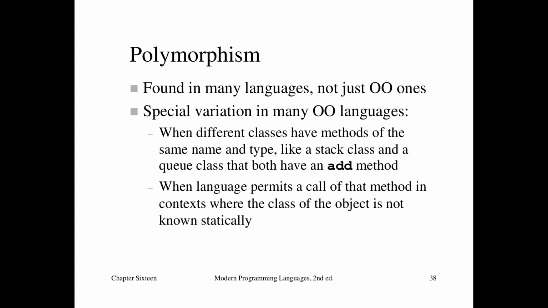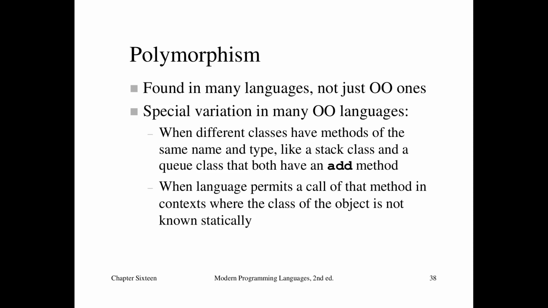First off, when different classes have methods of the same name and type, so when we have classes in the same inheritance hierarchy, they tend to have the same method. And so we know that if we have a variable of an abstract type in that inheritance hierarchy, anything under it, we can call the same methods on if they're defining that abstract type.